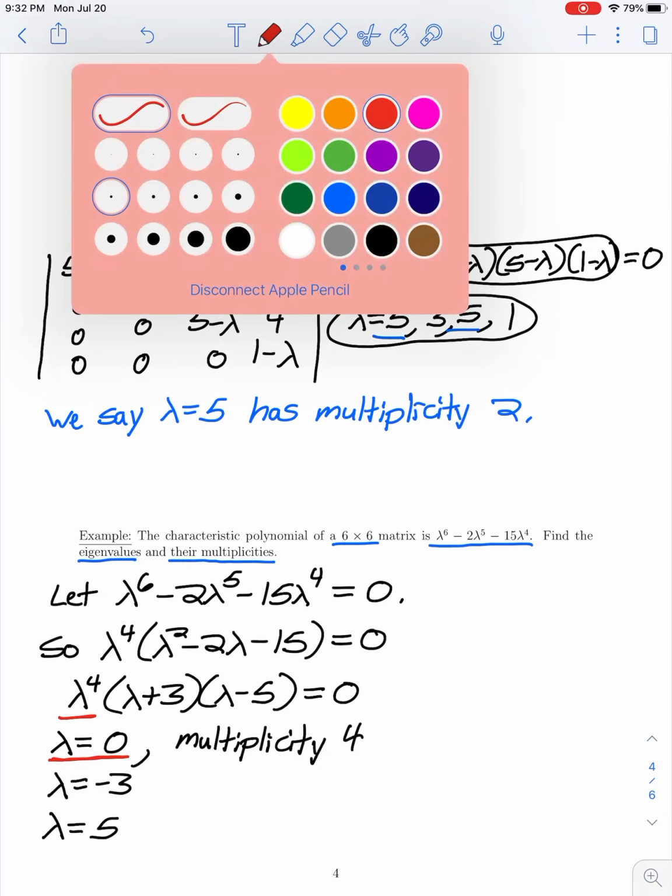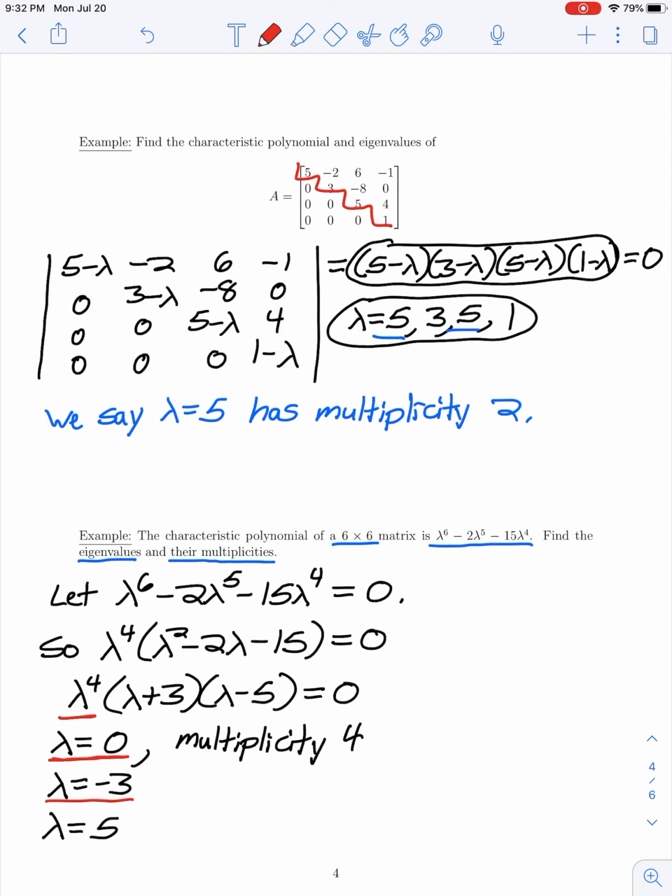And our other two eigenvalues, negative 3 and positive 5, only appeared once, or their factors only appeared once in the characteristic polynomial. So these each have multiplicity 1. These are sometimes called simple eigenvalues if they have multiplicity 1.